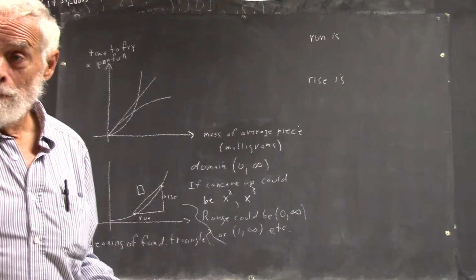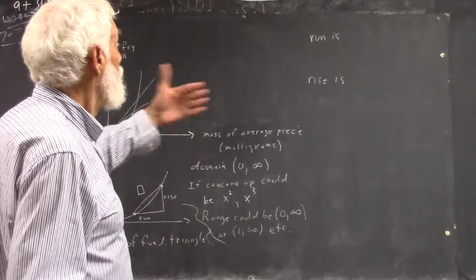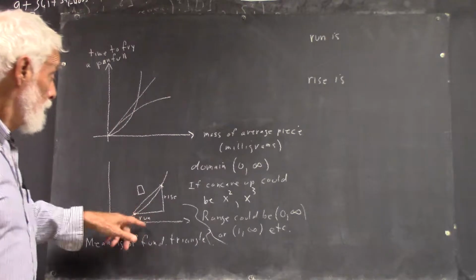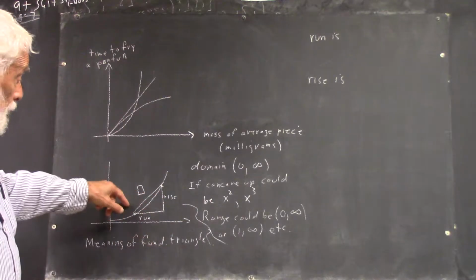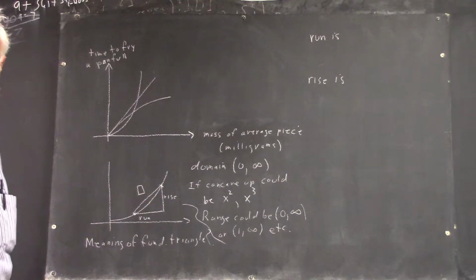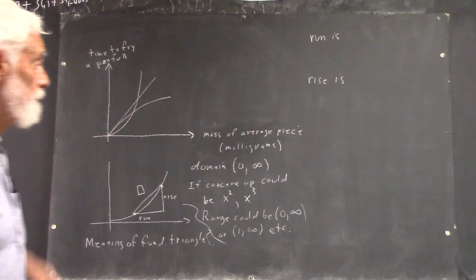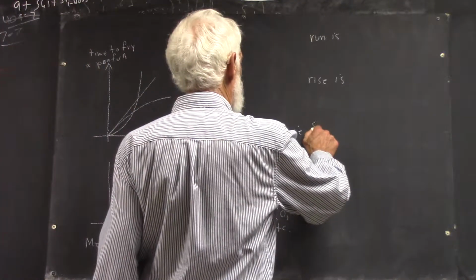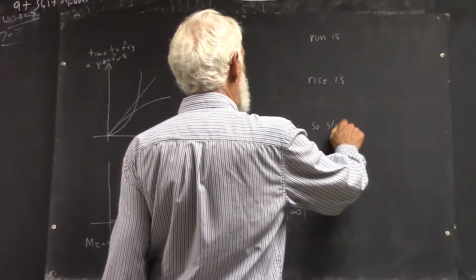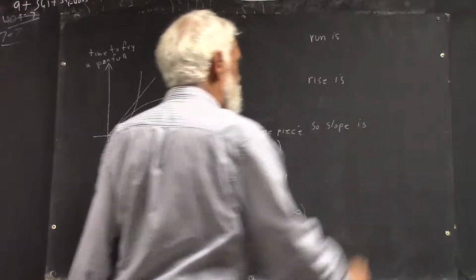Okay? We want to know, for this type of graph, what the rise and the run means so we can figure out what the slope means. Okay? So, the run is what? The rise is what? So slope is what?